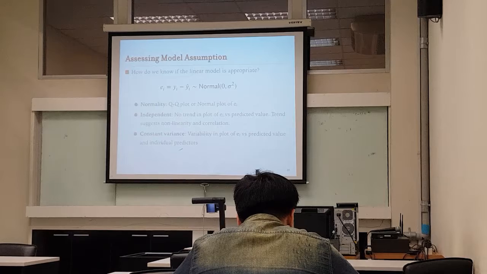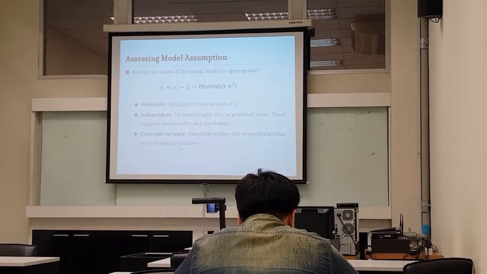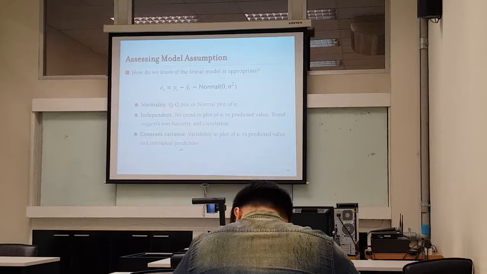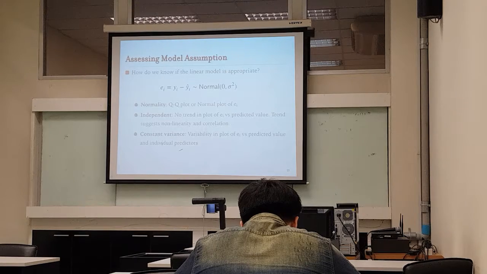That is, there should be no correlation between the error e_i and the predicted value. And the third thing is constant variance sigma squared. You can check by plotting the variation of residuals against the predicted value and individual predictors x_i. If you have constant variance sigma squared, then the variation of the residual shouldn't change with the value of the predictors.